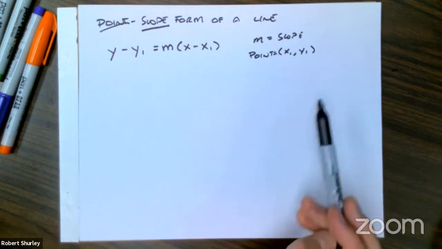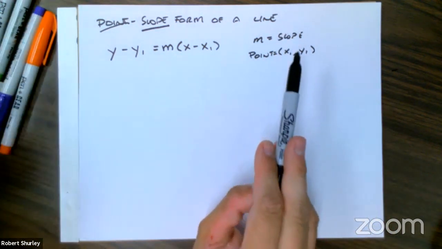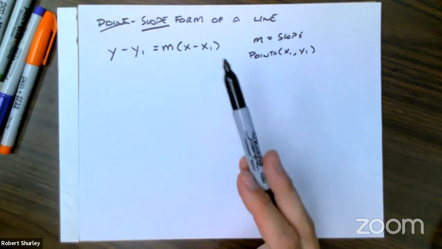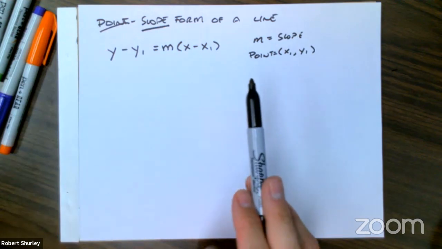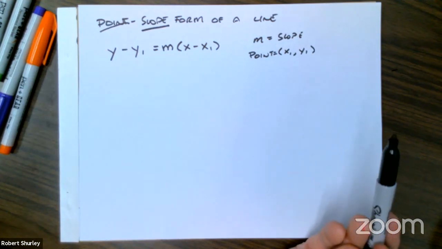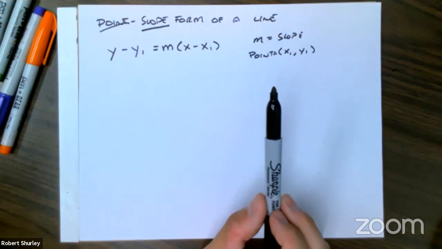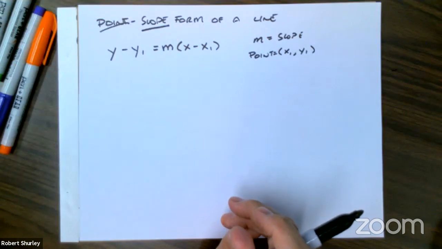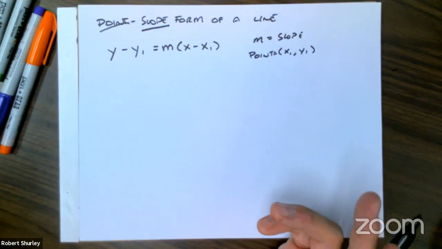So in these next few examples, all I'm going to do is put the slope and a point into this equation. I'll tell you, though, we're not going to leave a line in this equation. We're going to try to get it into y equals mx plus b. It'll be like two more steps. But let's go over that real fast. I'm going to use an example in the book just to be lazy. This is example 2 on page 247.